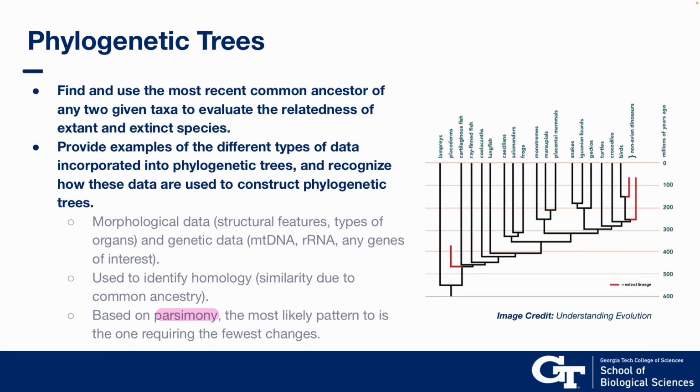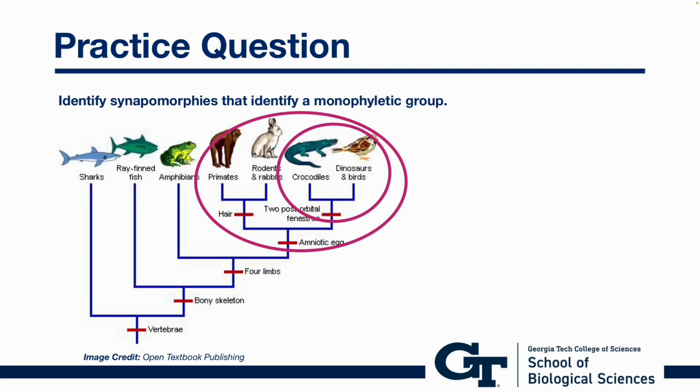Okay, so on what's simplest, basically. So for example, when we're looking at a trait, what requires the least amount of evolution is likely to be the most likely explanation of things. So for example, saying that hair evolved separately in rabbits and primates is less parsimonious than saying that they both inherited hair from a common ancestor.